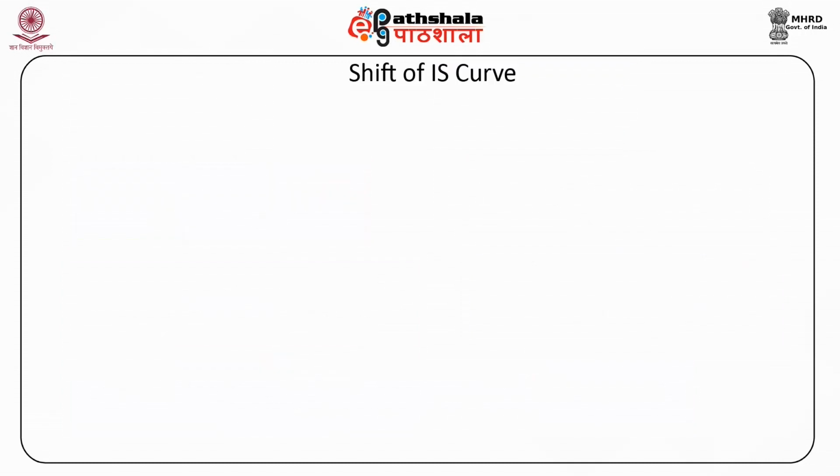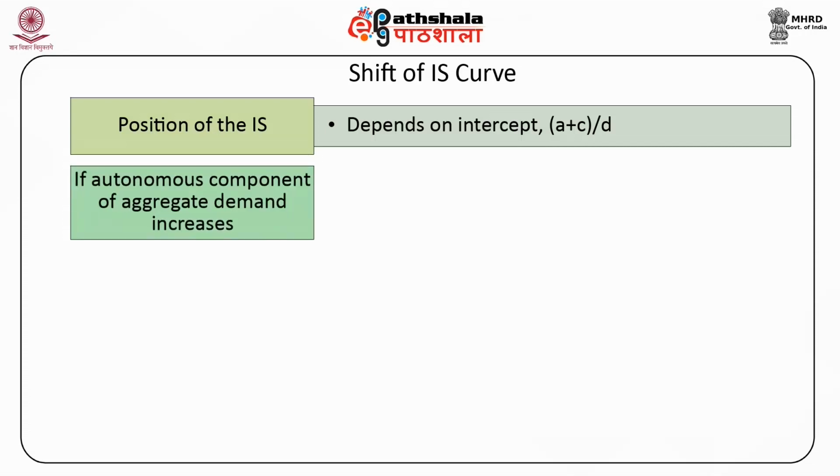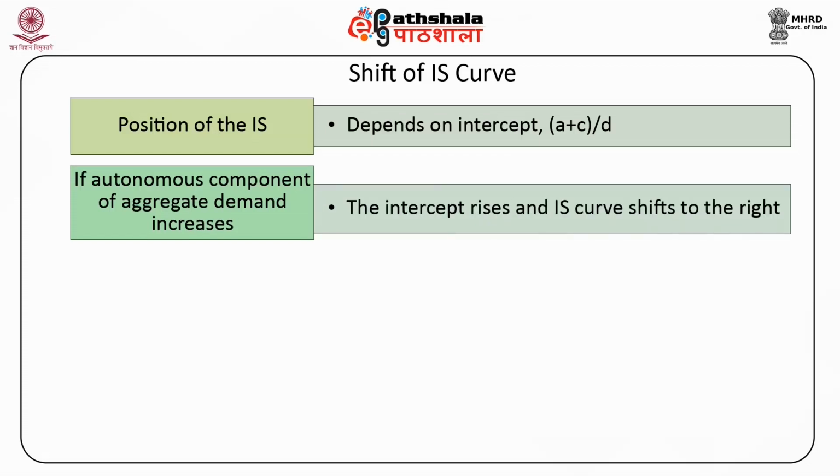Shift of the IS curve. The position of the IS curve depends on the intercept given by (A + c)/d. Thus, if the autonomous component of aggregate demand increases, the intercept rises and the IS curve shifts to the right.